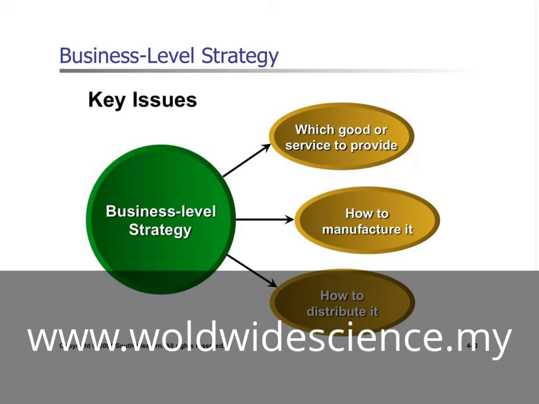So first of all, you decide what exactly you're going to do, and then you will figure out how you want to do it, and finally how to get it to the customers. So from scratch to the final product being in the hands of the customers, that's what we cover in business level strategy.